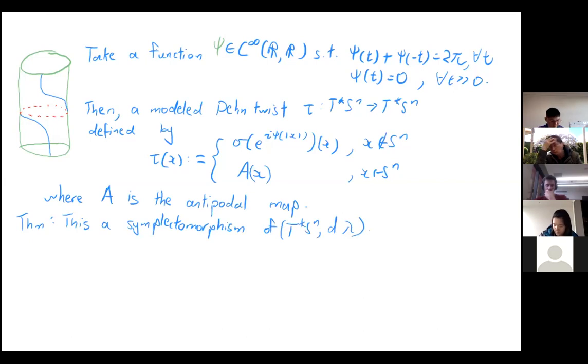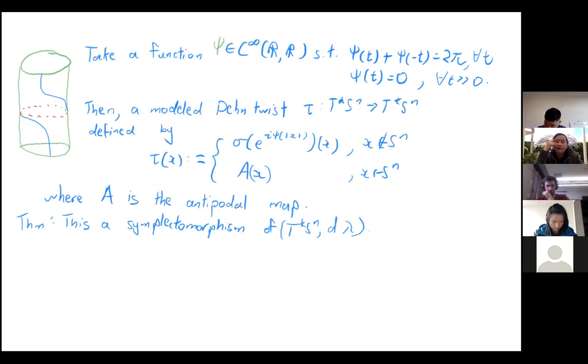Any question? You only need the function defined on positive t, because you only apply cosine to the norm.